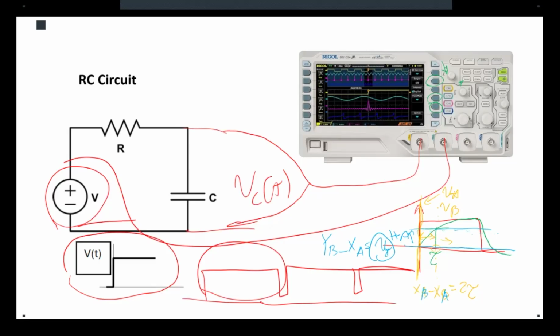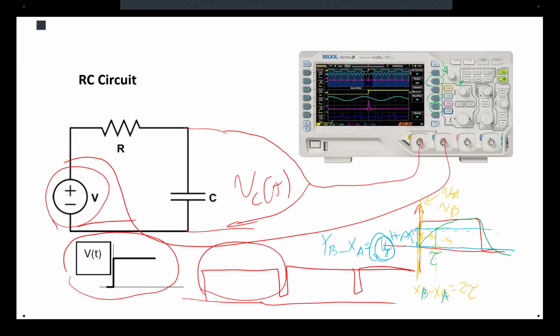When you did that, you wanted to see in what time you reach that voltage, right? To measure the time constant. So you set that horizontal B in a way that the difference between the two horizontal is 63% of the final value.